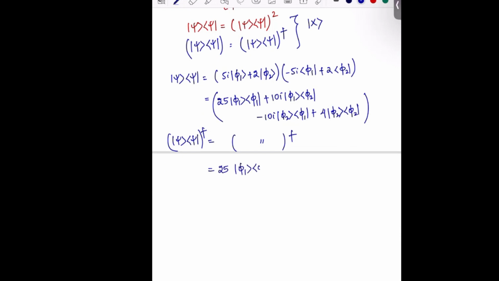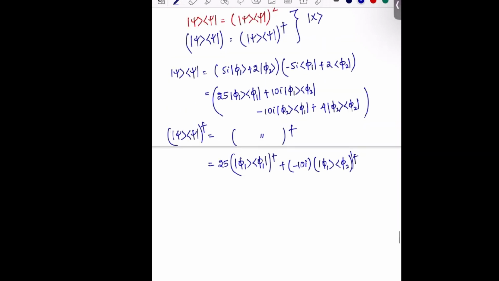Then you find the dagger of the next terms: minus 10i phi 1 phi 2 dagger, plus 10i phi 2 phi 1 dagger, and the last one is 4 phi 2 phi 2 dagger.